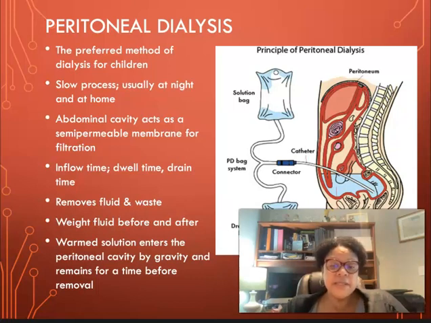There are special components in this fluid that have to come from pharmacy, ordered by the physician, because they know how much sodium and how much potassium they want to pull off the child. So this bag is configured in a way that will allow that to happen.